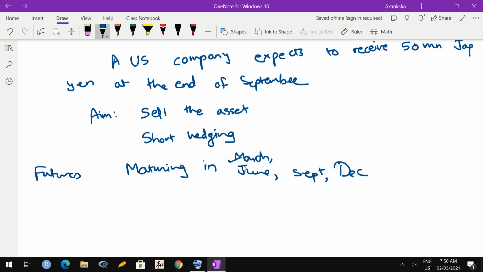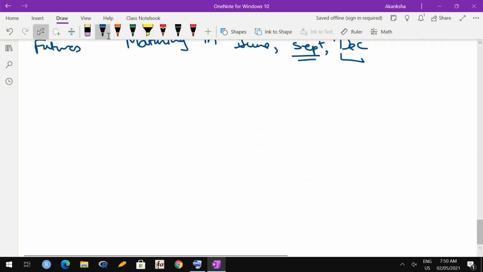March is of course gone, June is gone because the payment is not going to be there till September, and September also they can't use because they are expecting the money by the end of September, so it may go slightly beyond that. So they will have to invest in December futures. They take a short position in December futures, and for December futures the price is 0.78 cents per yen.